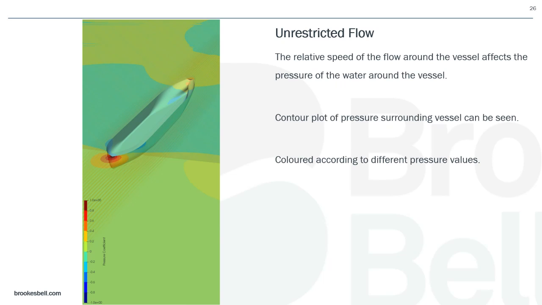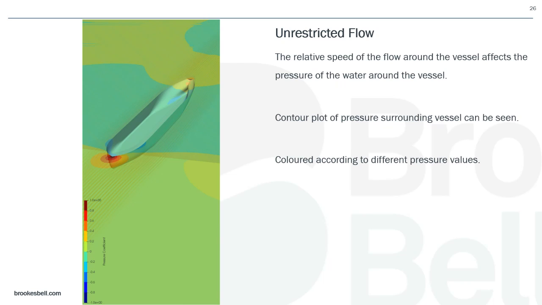And why the relative velocities are important is that velocities are intrinsically linked to the pressures of the flow around the vessel, and this is a contour plot of your pressure field. So similarly, it's not streamlines, it's showing your entire pressure field, and similarly, it's plotted in a non-dimensionalized form, so it's pressure relative to the normal pressure.